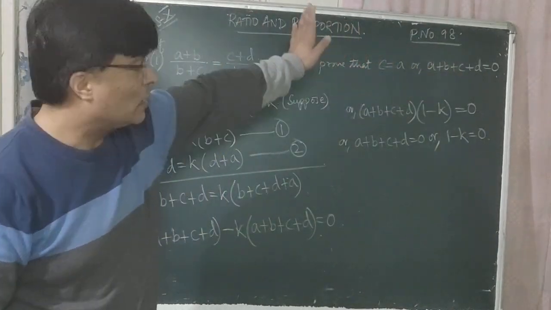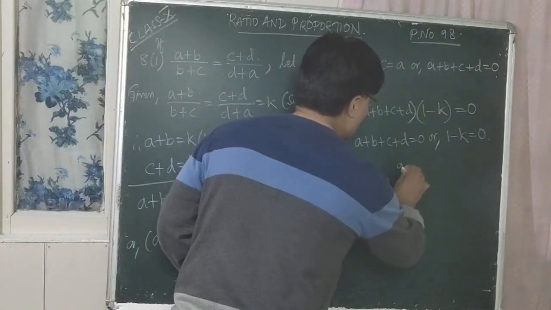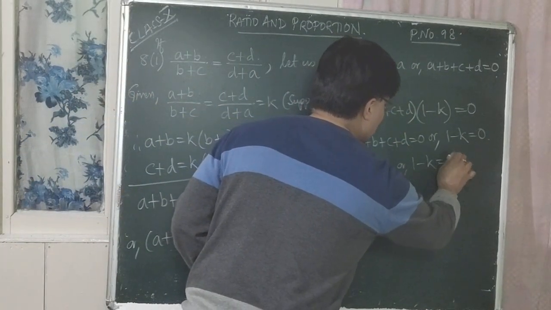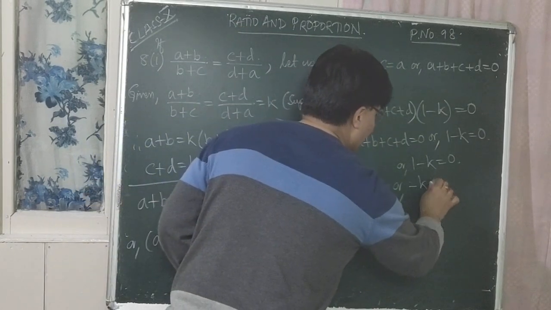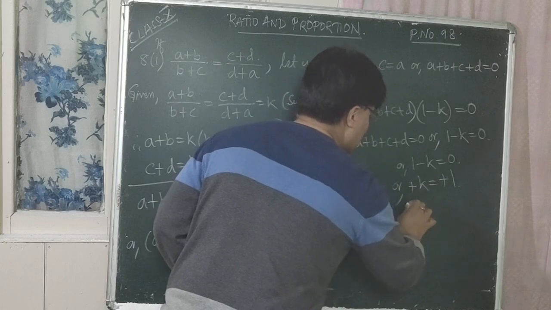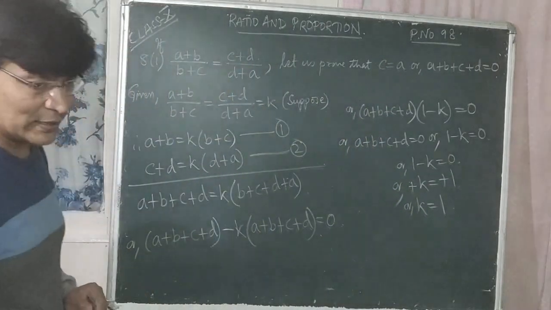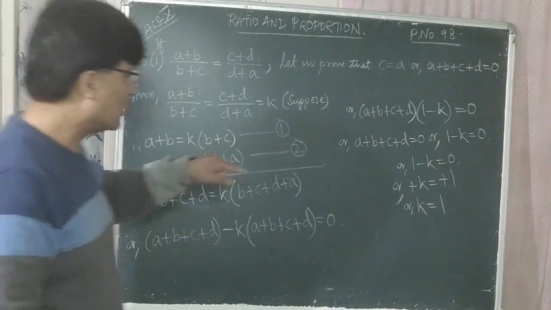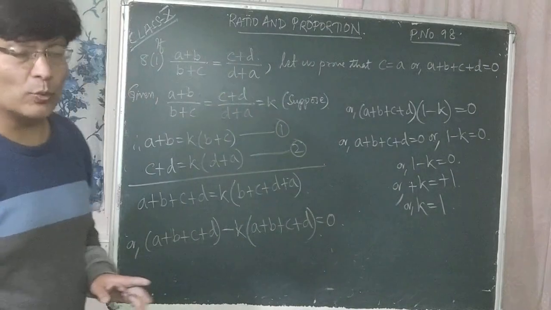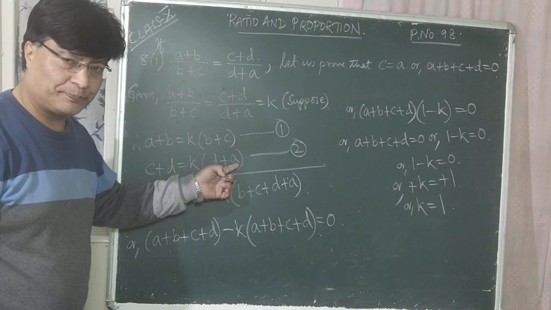So it is proved. Now we have to prove c = a. Since we have 1 - k = 0, let's get the value for k here. Minus k is equal to minus 1, the minus signs cancel, so k = 1. Now we have to prove c = a. So let us put this value k = 1 either in equation 1 or in equation 2.